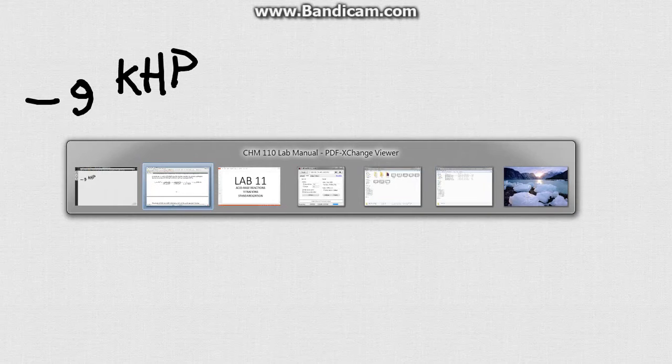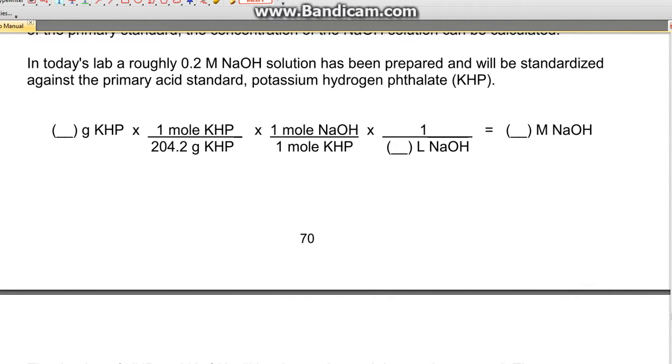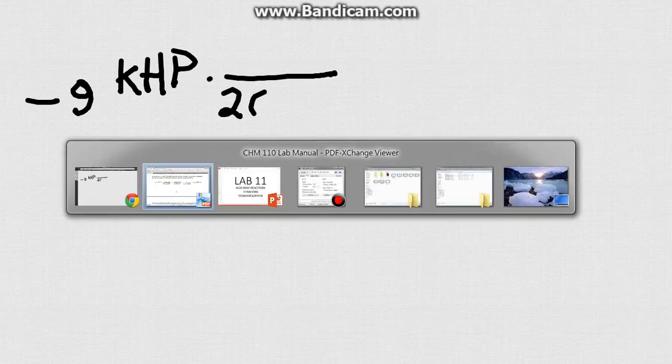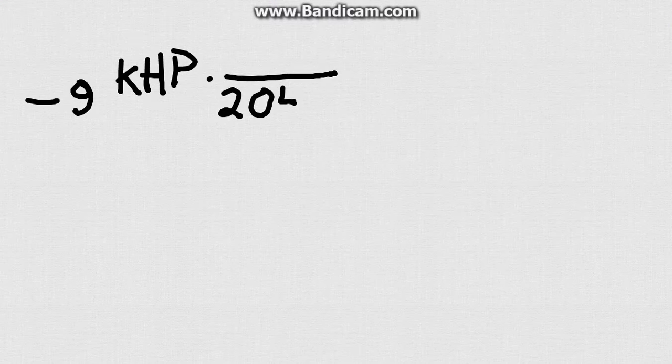And so we weigh out our KHP, so some sort of grams of KHP. Now, grams is not a useful measurement in chemistry, so we need to convert that into moles. So luckily, we know that there are 204.2 grams in 1 mole of this acid.